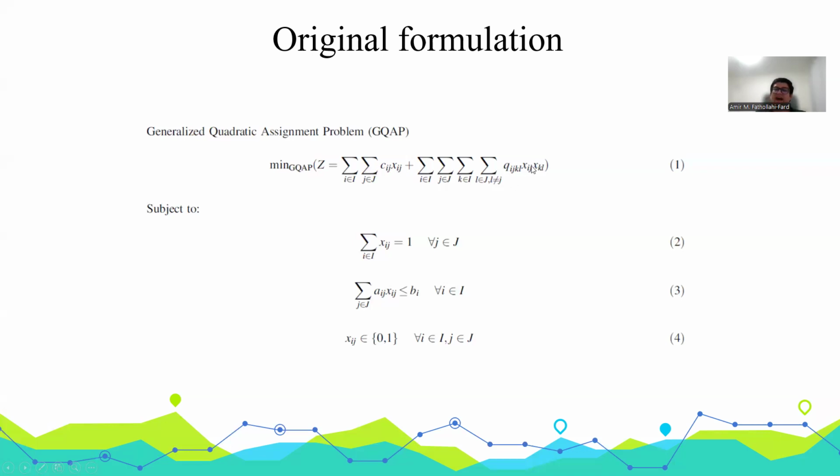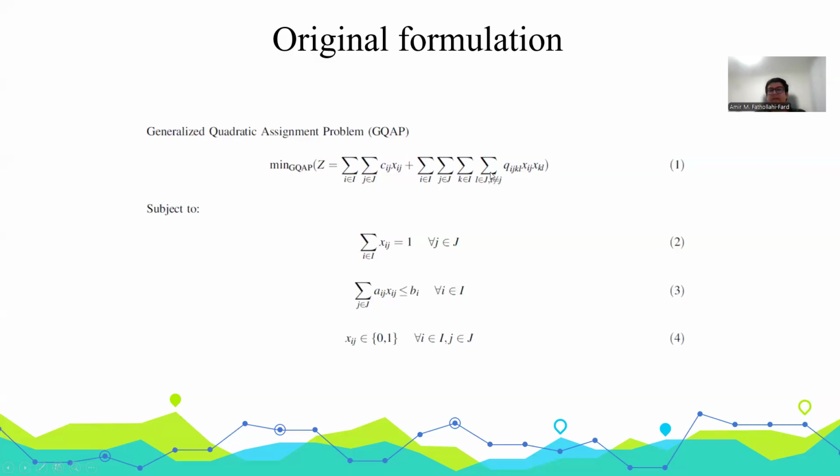And there is an interaction cost, which shows that for the assignment of two different equipments into two different factories, there is a quadratic cost based on this assignment.